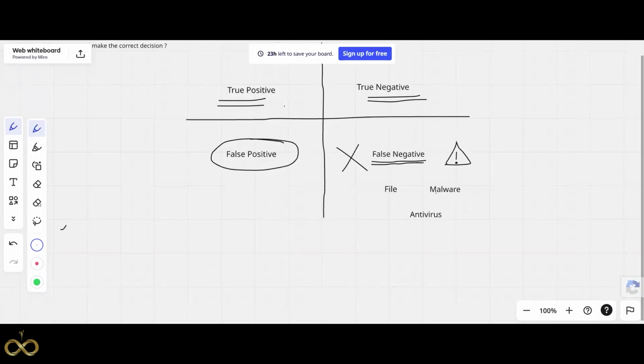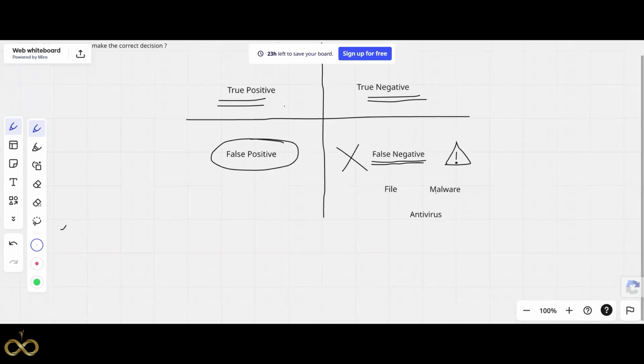A SIEM raises an alert because employee entered wrong password 5 times. After investigation, it shows that employee forgot the password. What category is it? False positive. Okay, same example which I gave earlier, right? And that same example this was.